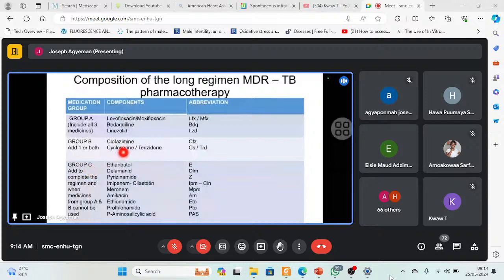For the long regimen, it is advised that you include all the three drugs classified under Group A. So a fluoroquinolone, either levofloxacin or moxifloxacin, bedaquiline, and linezolid. You may have to include all. Then for the Group B class, you add at least one to it.